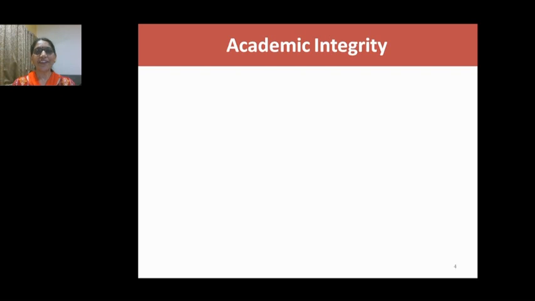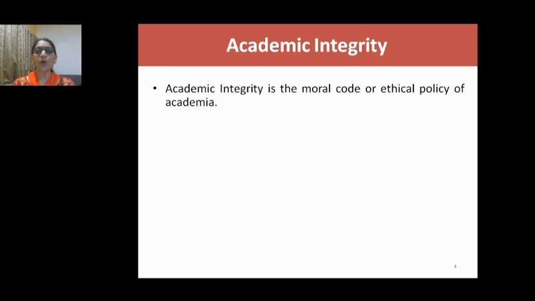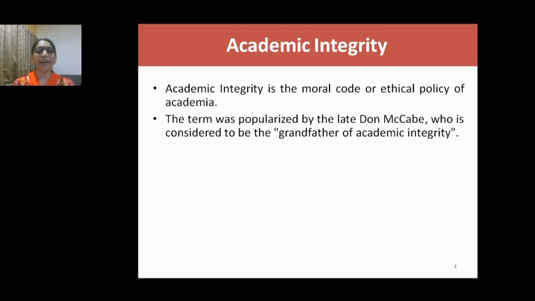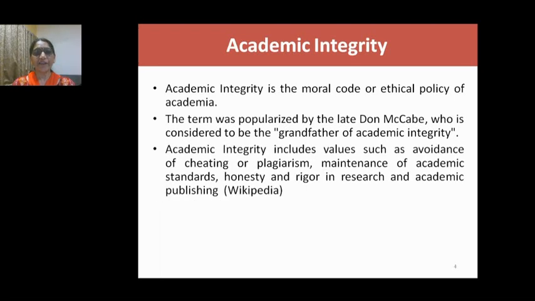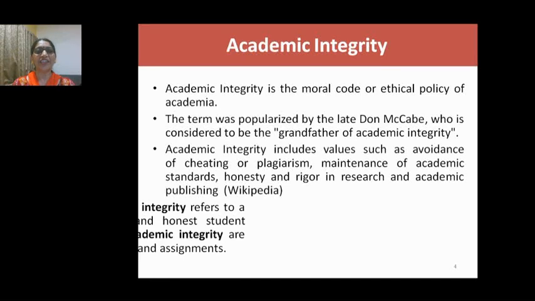To start with the topic academic integrity, it is the moral code or ethical policy of academia. The term was popularized by the late Don McCabe, who is considered to be the grandfather of academic integrity. According to Wikipedia, academic integrity includes values such as avoidance of cheating or plagiarism, maintenance of academic standards, honesty and rigor in research and academic publishing.